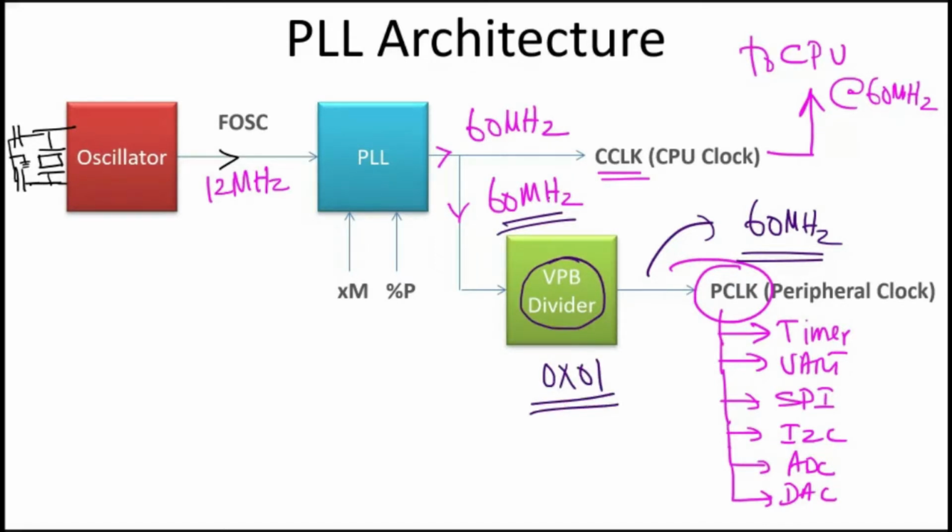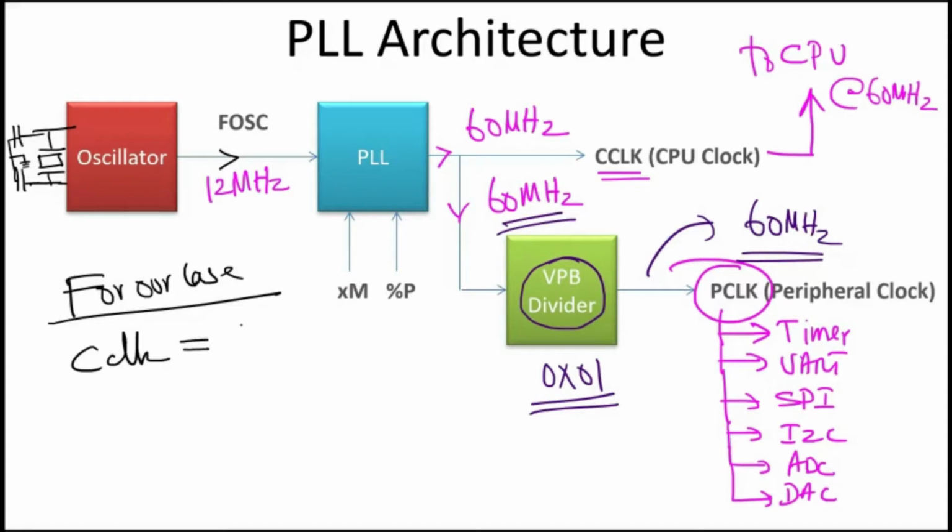Thereby, the same 60 MHz clock coming out of the PLL is used for the peripheral clock also. So for our case, the CPU clock is equal to 60 MHz, which is the same as the peripheral clock. This is the understanding that you should have.